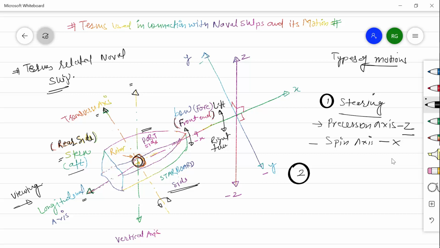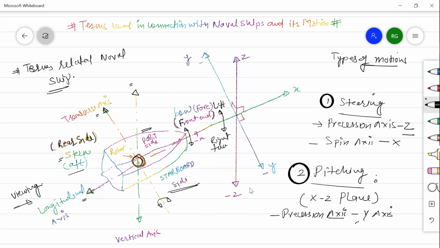This motion is called pitching. In this case the precession axis is the transverse axis or y axis, and the spin axis is still our x-axis.